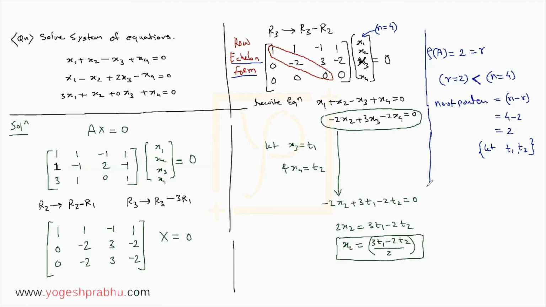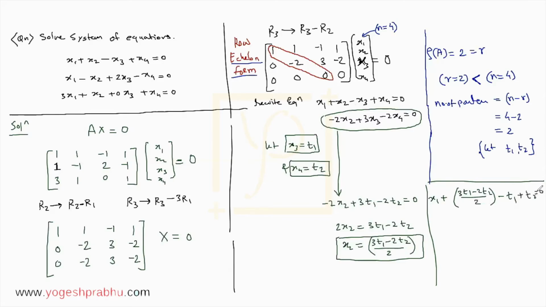Now, as soon as I get x2, I can now use the first equation, which is x1. X2 we already have, right? So the value of x2 is going to be (3t1 minus 2t2) divided by 2. And then next is x3. x3 is t1, right? So from here, I know x3 is t1. And x4 is t2. So the last one is going to be t2 equal to 0. Now we can rearrange these terms and write down x1 by taking everything on the other side.